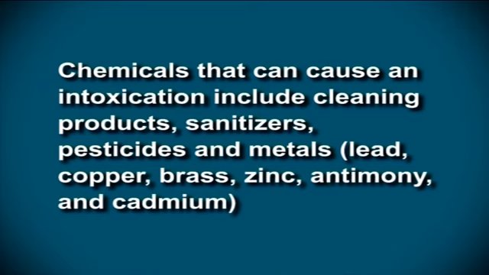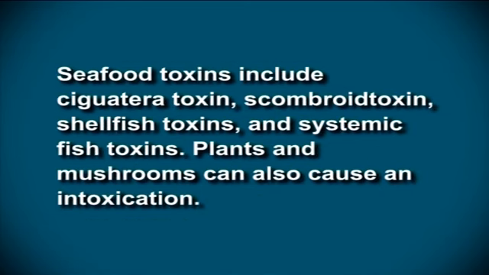Chemicals that can cause intoxication include cleaning products, sanitizers, pesticides, and metals like lead, copper, brass, zinc, antimony, and cadmium. Seafood toxins include ciguatera toxin, scombroid toxin, shellfish toxin, and systemic fish toxin.